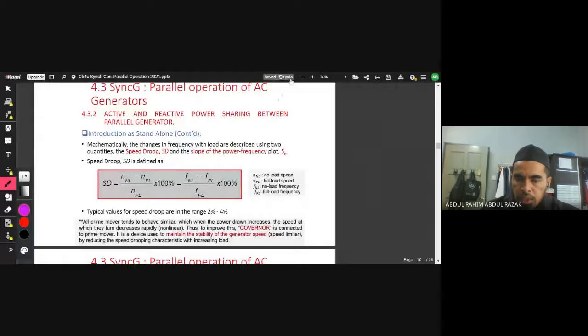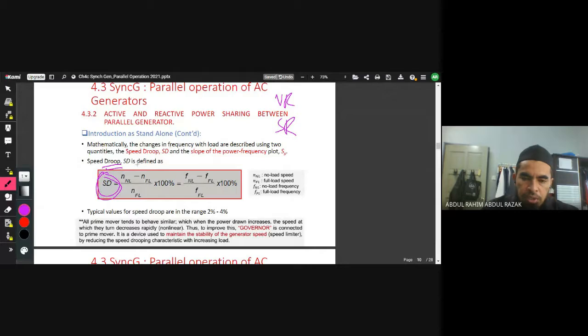We have learned in our DC machine about voltage regulation, and speed regulation for motors. In terms of induction and synchronous machines, it is mentioned as speed drop. This is the correct term, speed drop.